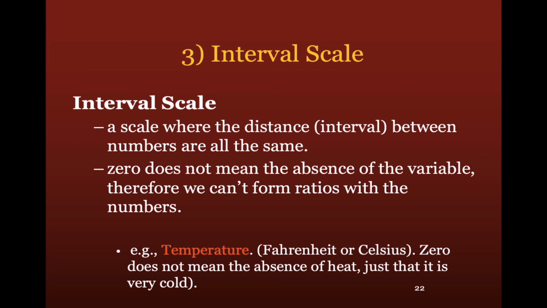But importantly, a temperature of 0 degrees Fahrenheit does not mean the absence of heat. It indicates that it's cold outside, but you can get temperatures below 0, right? So because 0 does not mean the absence of what you're measuring, you can't form a ratio out of it. So when you talk about interval scales, you can't form ratios out of those particular scalings because 0 does not mean the absence of what you're measuring.